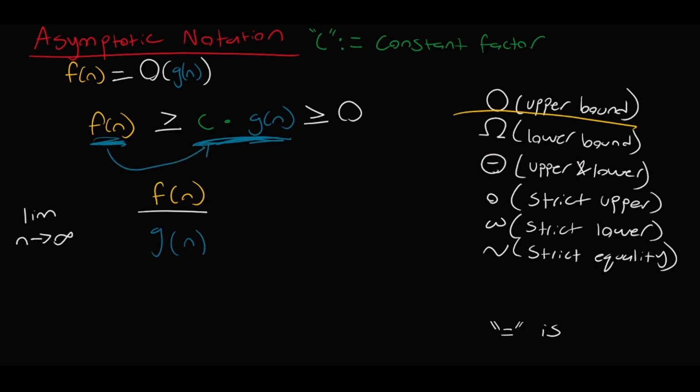So f of n is above g of n, dominates g of n, is bigger than g of n. g of n is a lower bound of f of n within a constant factor.